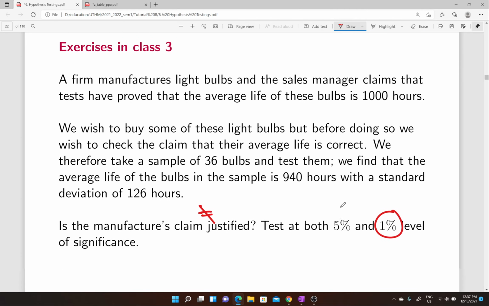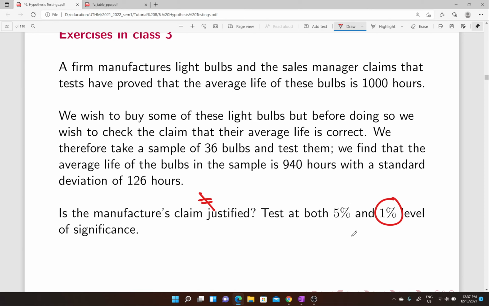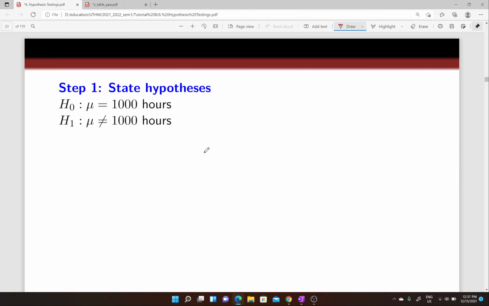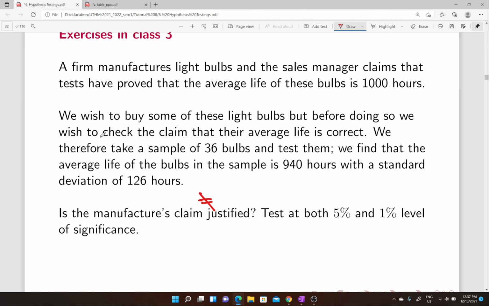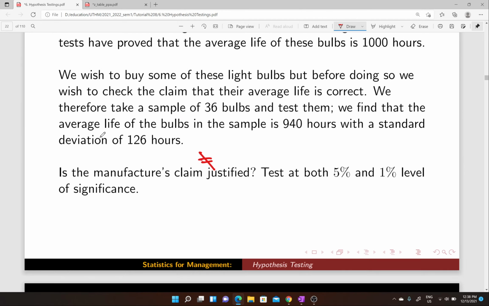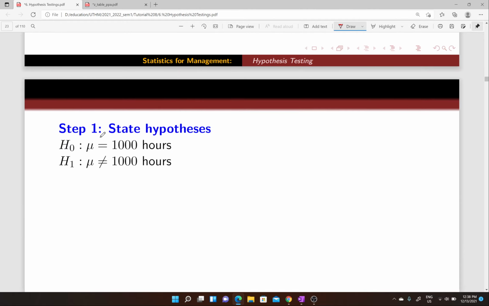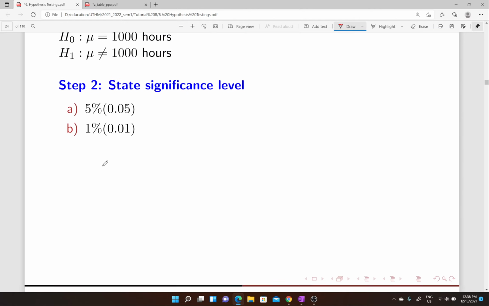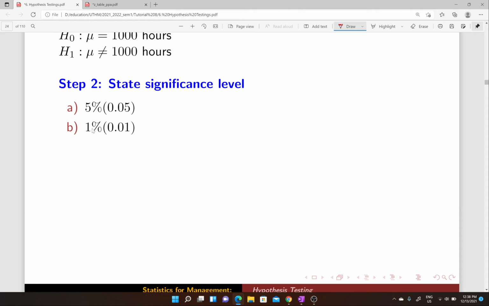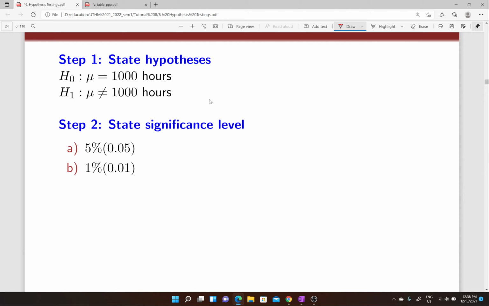Right, check the answer here for now. For 5, now you can check the answer for 5 percent, and at the same time I write the answer for 1 percent, simultaneously. So state the hypothesis, this is your hypothesis. Significance level 5 percent and 1 percent. This is two tail, because not equal means two tail, you have to split.